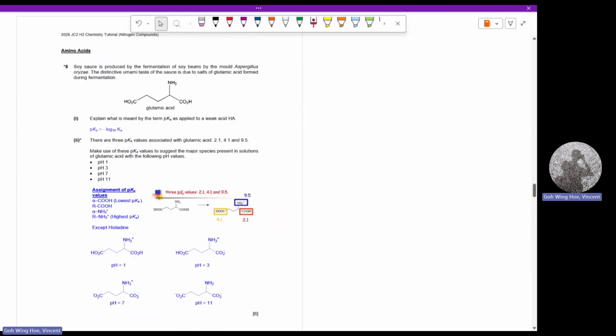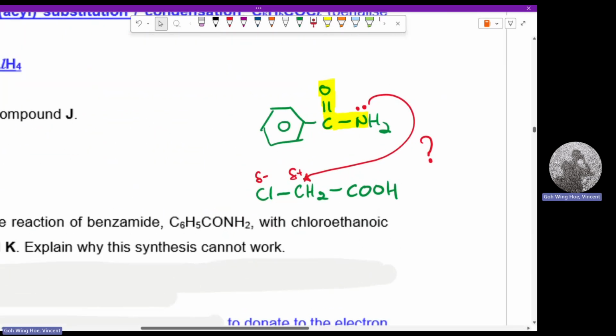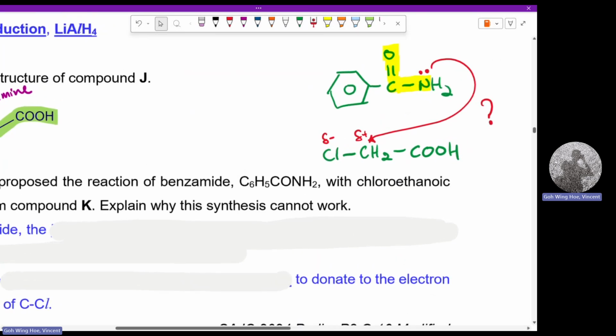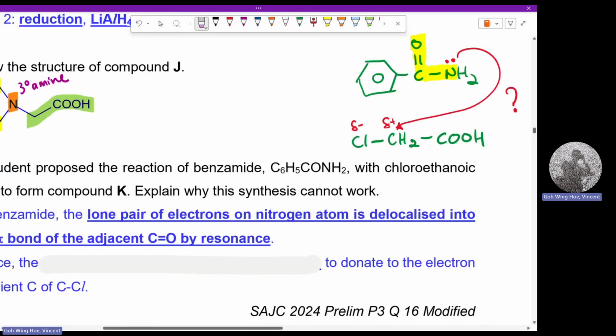Oops, sorry, let me just, okay. So if the lone pair on the N atom is not so readily available, that means your amide nitrogen will not be a good nucleophile. As such, the formation of compound K would not be possible via nucleophilic substitution.